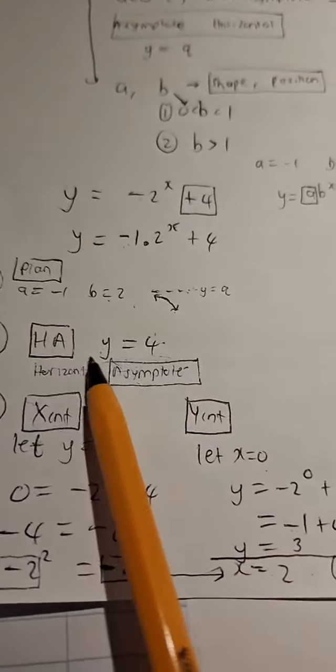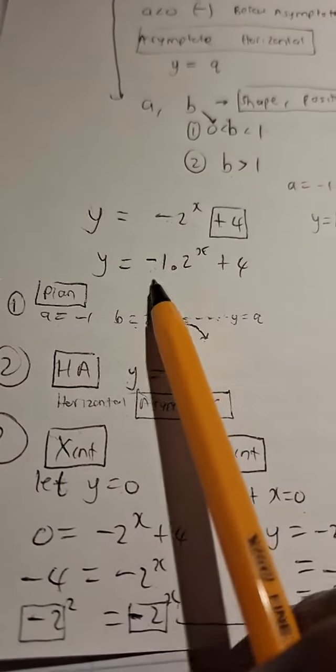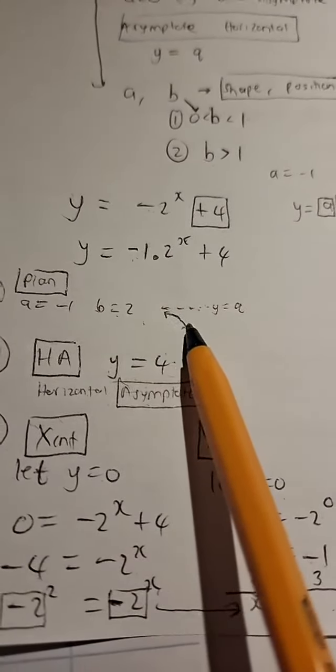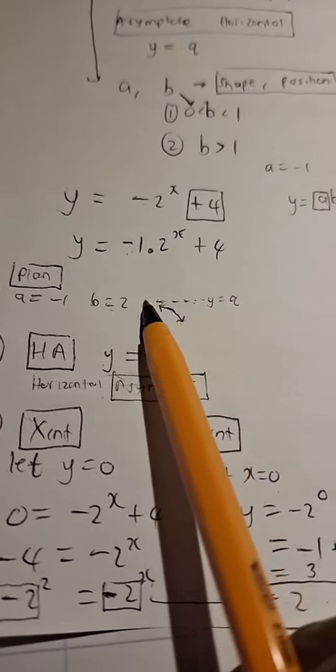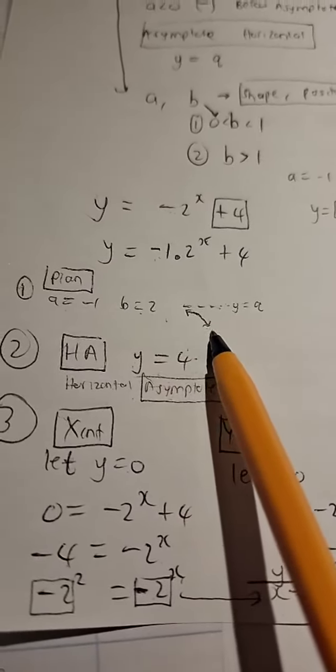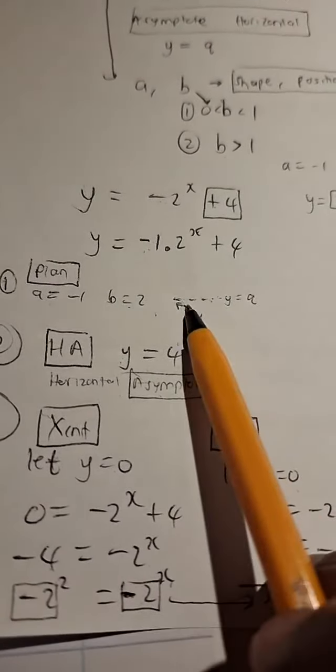Because remember, we established that when a is negative or less than 0 and b is greater than 1, we expect our exponential function to be this shape. That's what we are expecting. Now we are just going to see the manifestation of what we expected. Check it out. It's going to come about.